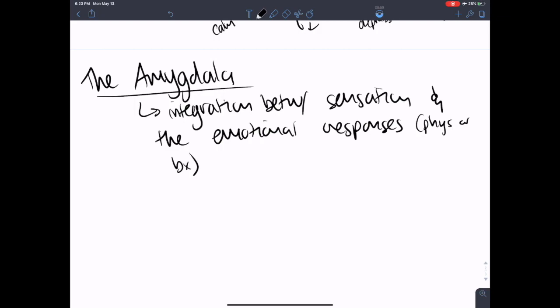So integration between sensation and then emotional responses evoked by those sensations.